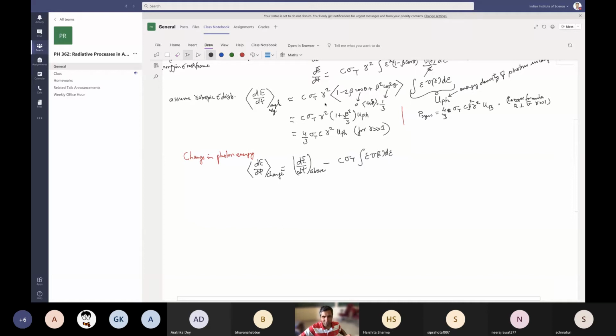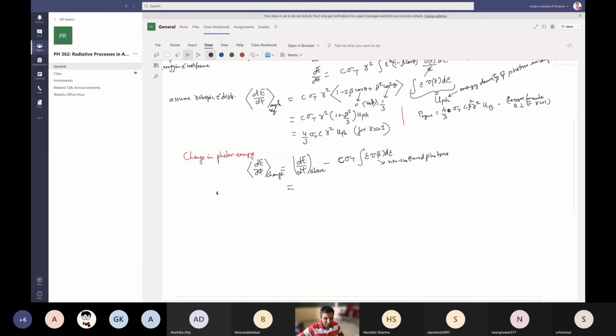This is just the same formula applied for non-scattered photons. This is just the energy density, and then this is c sigma_T.